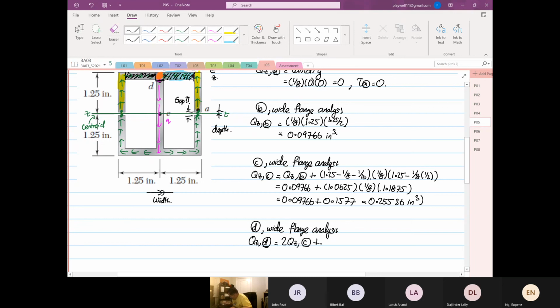So that is equal to the width is 1/8. The depth is also 1/8. Then is 1.25. And 1.25 minus 1/8 and half. Close bracket.